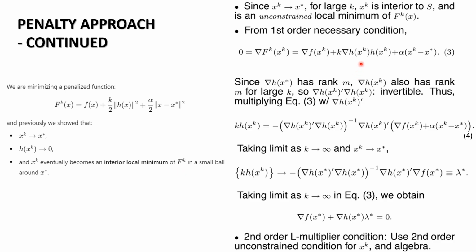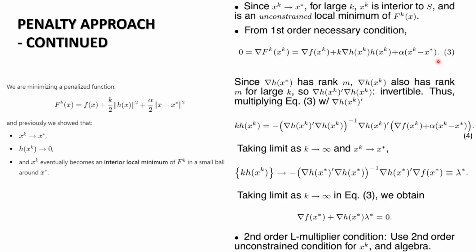So, the first order necessary condition for an unconstrained minimizer: at an interior local minimizer x_k of f_k, the gradient vanishes. So it means that the gradient of such kind of function is equal to 0. And we can demonstrate all this stuff which we have considered on the previous slide.